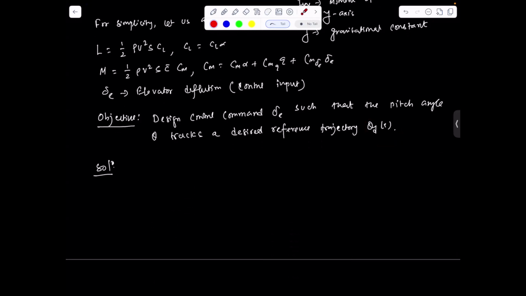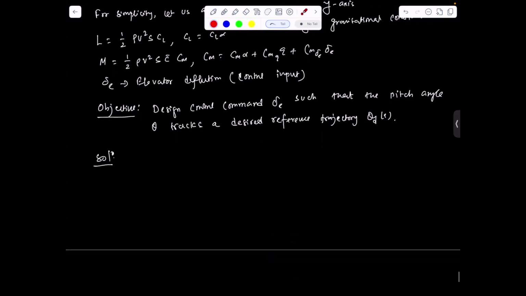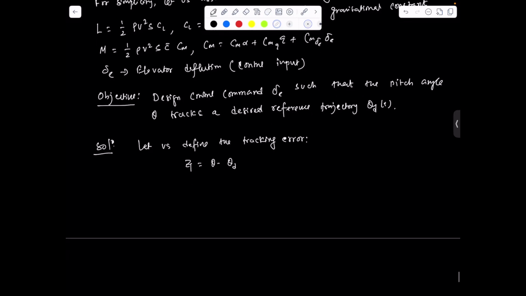Let us define the tracking error as z1 equals theta minus theta d, and the z1 dynamics we can write as theta dot minus theta d dot.